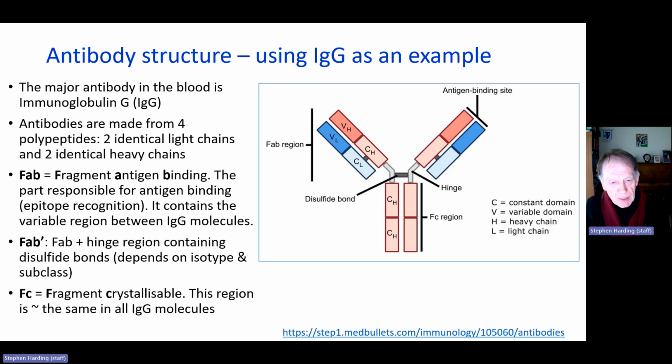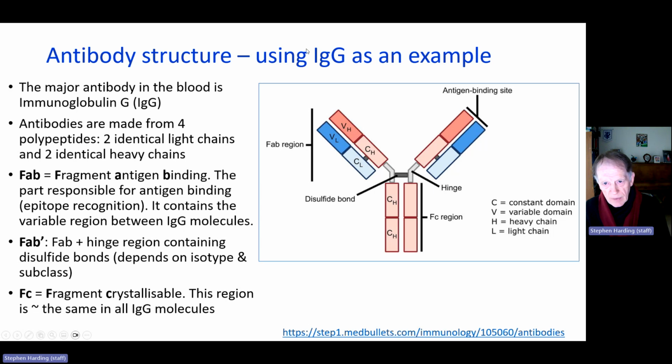But the major antibody in the blood is immunoglobulin G, or IgG. And antibodies are made from 4 polypeptide chains, 2 identical light chains and 2 identical heavy chains. So these are the light chains in blue, and these are the heavy chains in red.